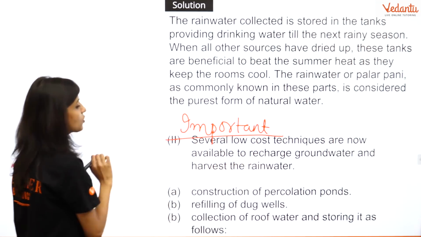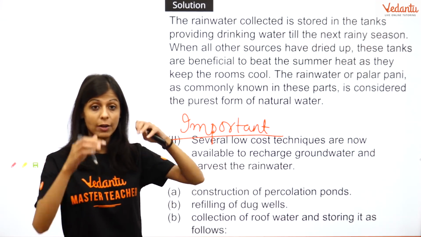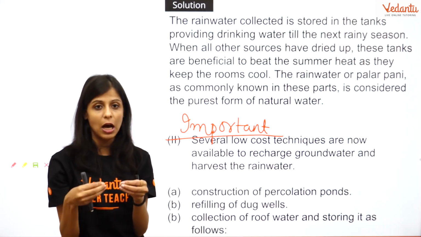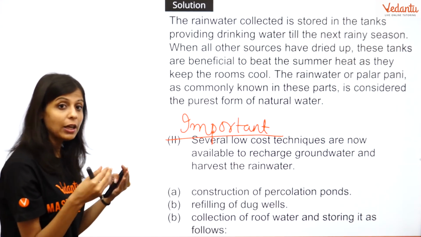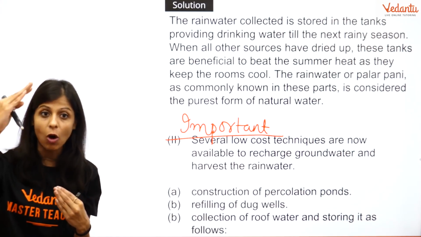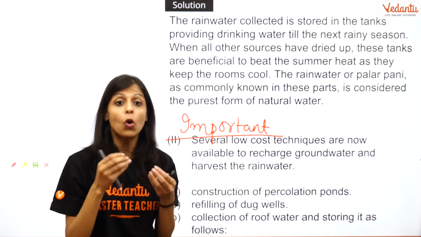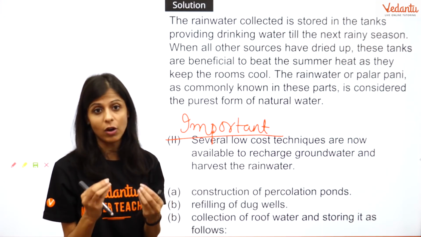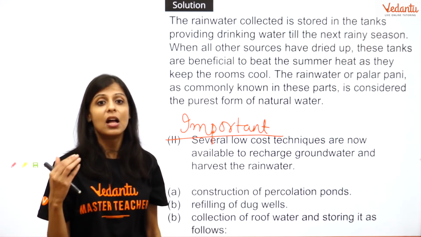For example, we are trying to construct the percolation ponds. Now, what is percolate? When you infiltrate the water down below, that is known as percolating. So you are working on the groundwater table. You are collecting water at rooftop. The state of Tamil Nadu has made it compulsory. You know, the only state that has made rooftop rainwater harvesting compulsory is Tamil Nadu.